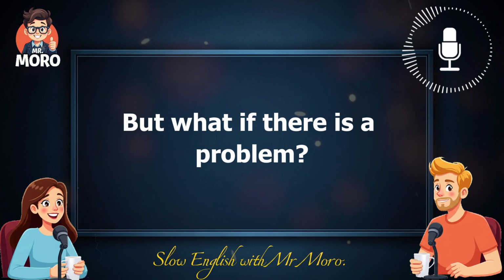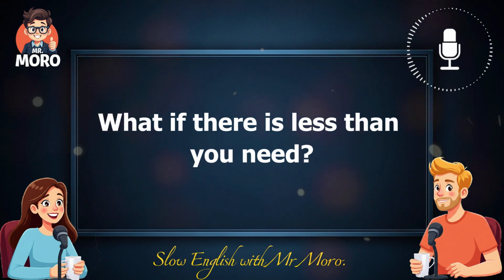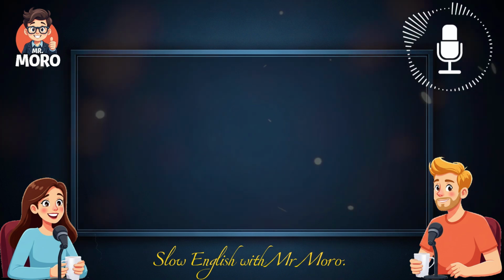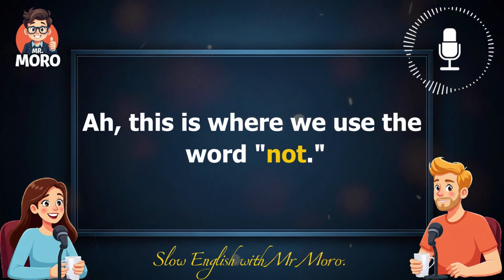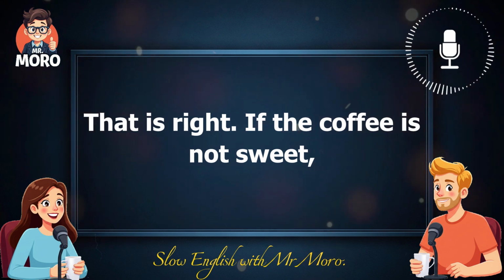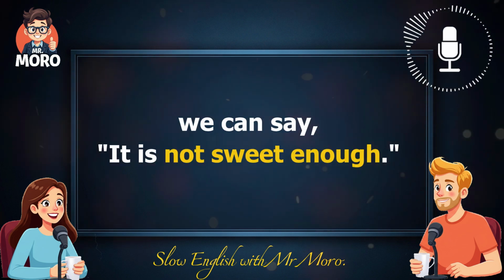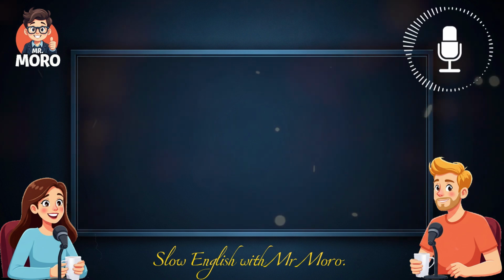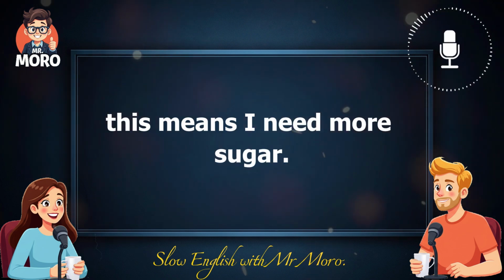But what if there is a problem? What if there is less than you need? This is where we use the word not. That is right. If the coffee is not sweet, we can say, it is not sweet enough. This means I need more sugar.